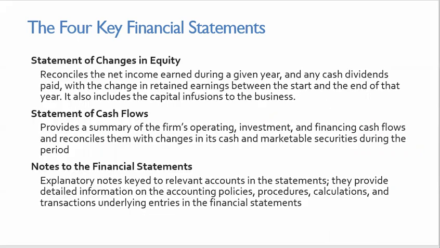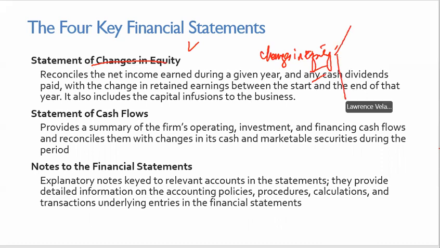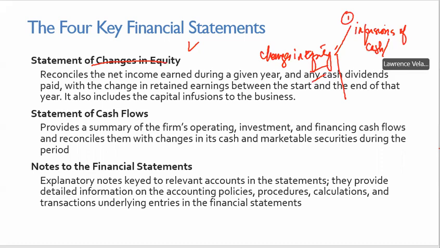Another component of the financial statements is the statement of changes in equity. It shows the changes in equity in a certain period of time. What are the potential sources of changes in equity, as you have learned in 99.2? There could be infusions of cash into the company, or capital.